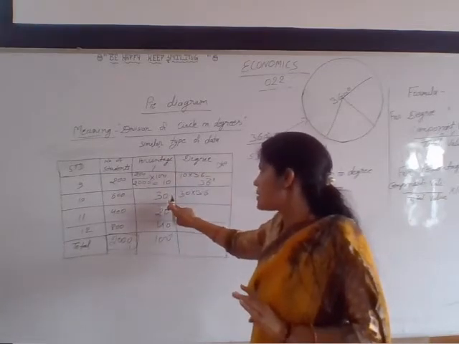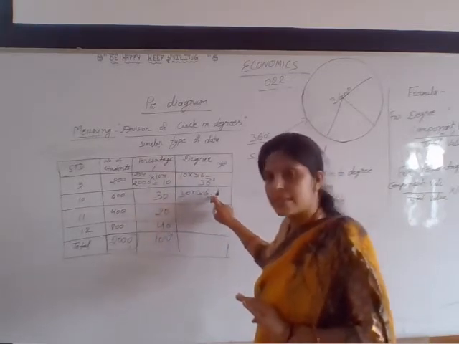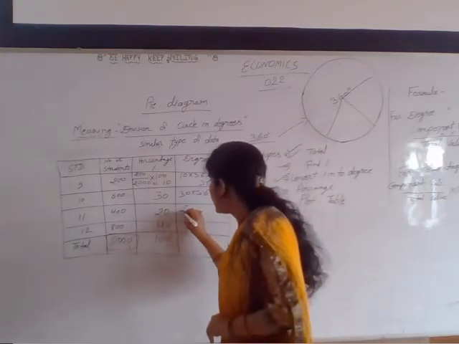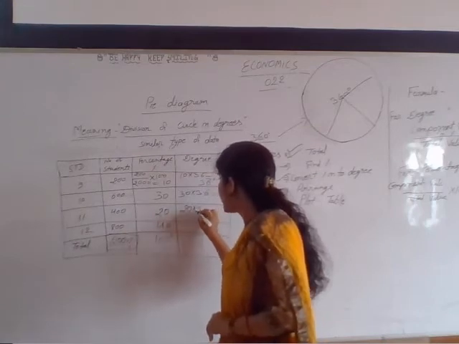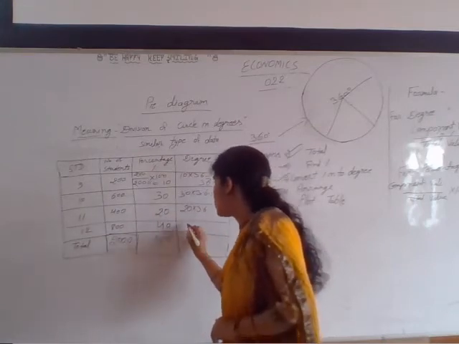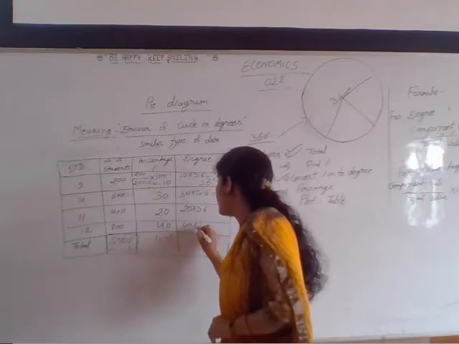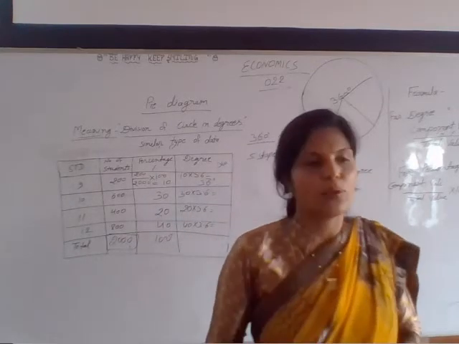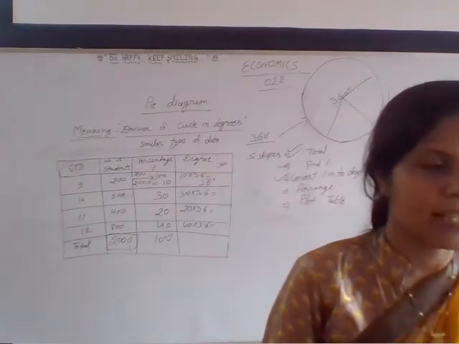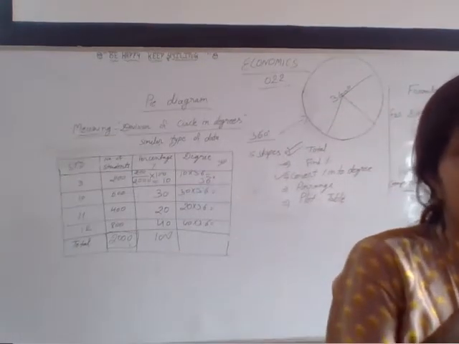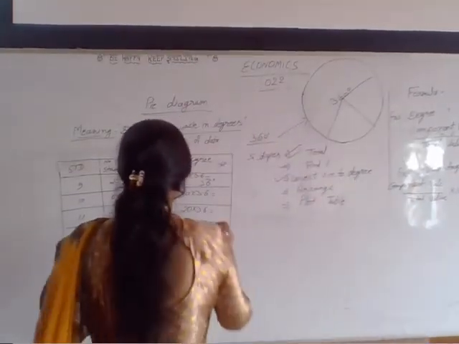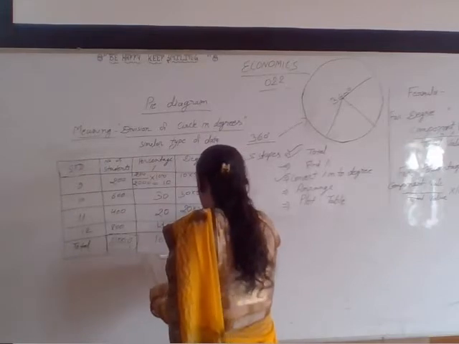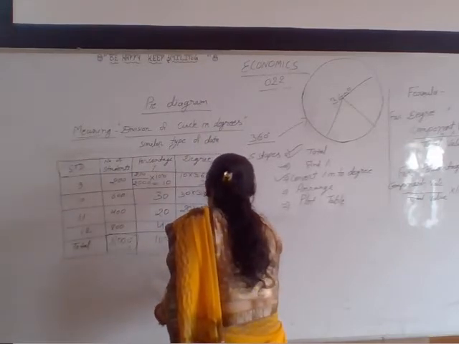For next, 30 multiplied by 3.6, then you will get the next value. 20 multiplied by 3.6, you will get next value. 40 multiplied by 3.6, next value. Like this you will get the values: first value will be 36, second value will be 108 degree, next one will be 72 degree, and last one will be 144.